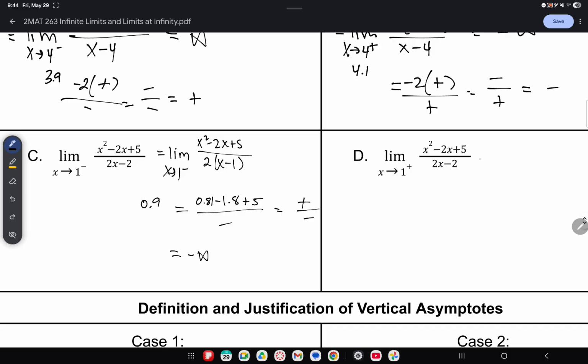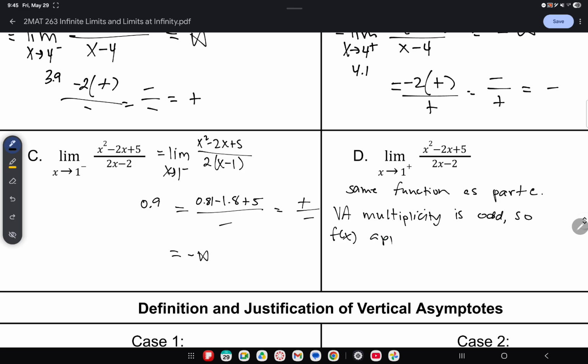So this is the same function, and I'm going to write this as part C. Vertical asymptote, multiplicity is odd, so the function approaches the opposite infinity.